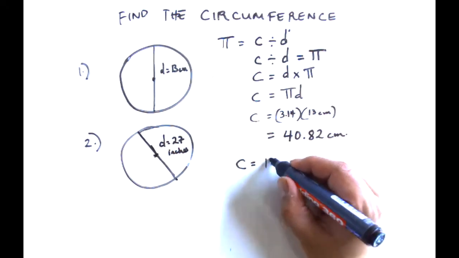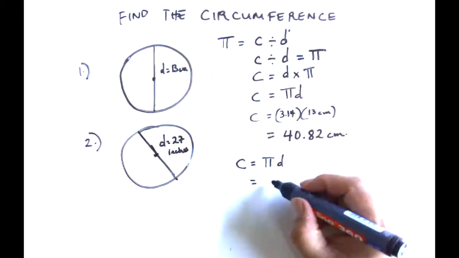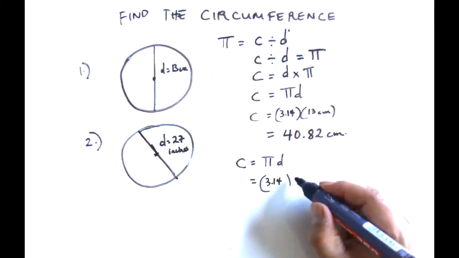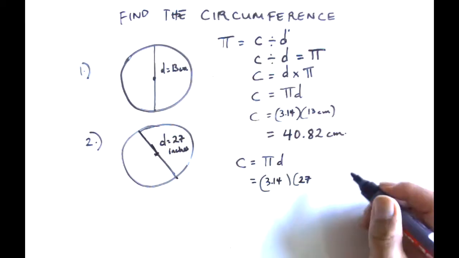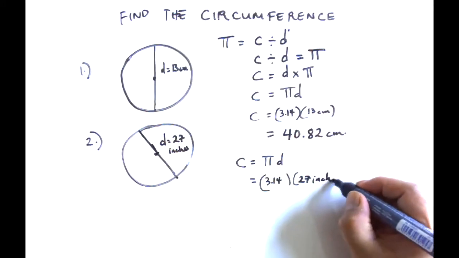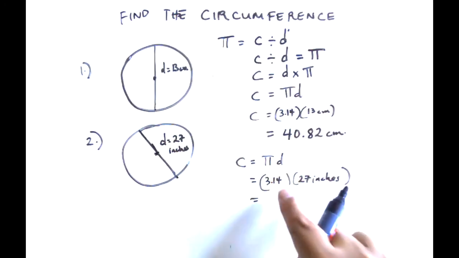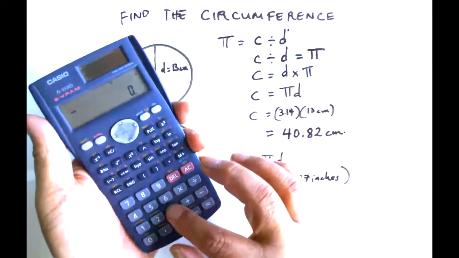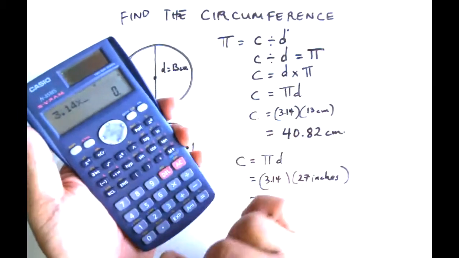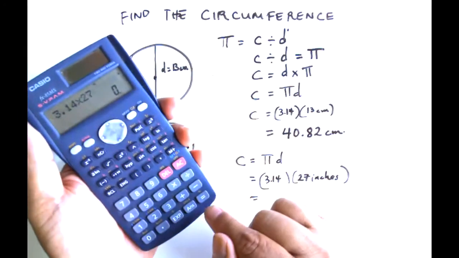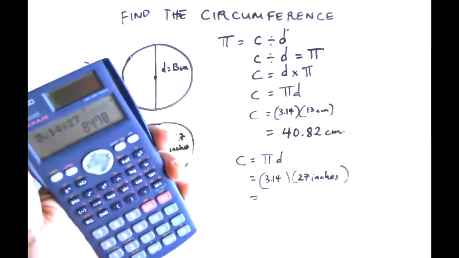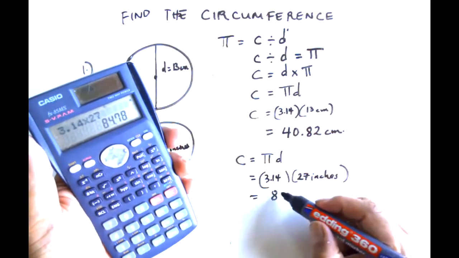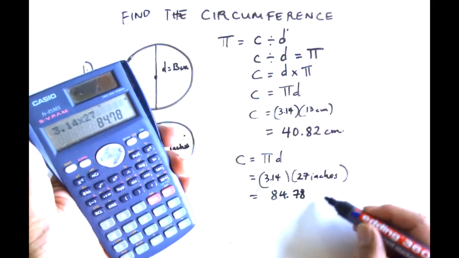So we have pi d. What is pi? Is 3.14. What is the diameter? 27 inches. You multiply the value of 3.14 times 27. So we have 3.14 times 27, and you'll get the length of the circle, which is 84.78 inches.